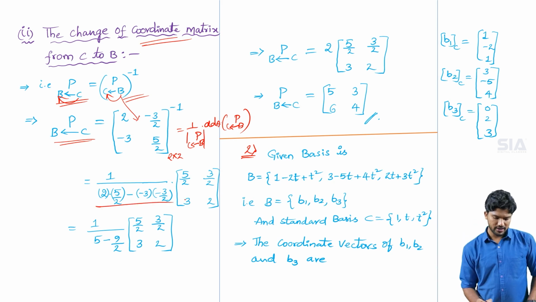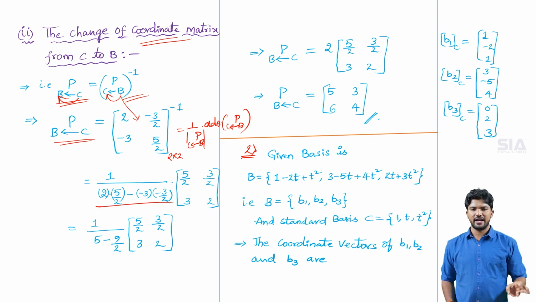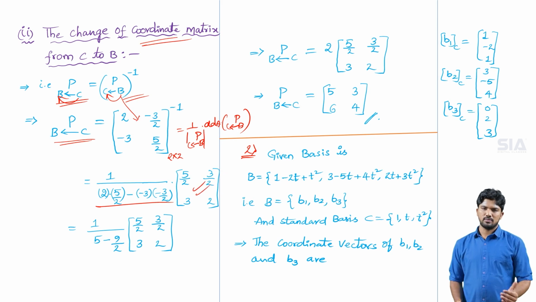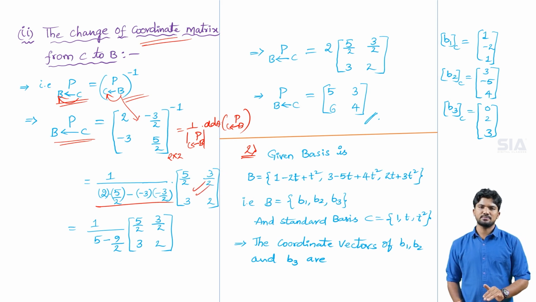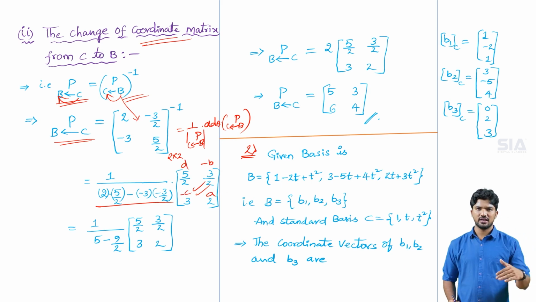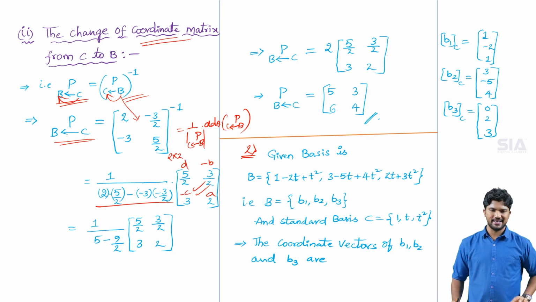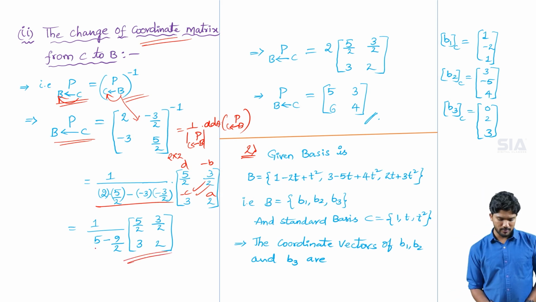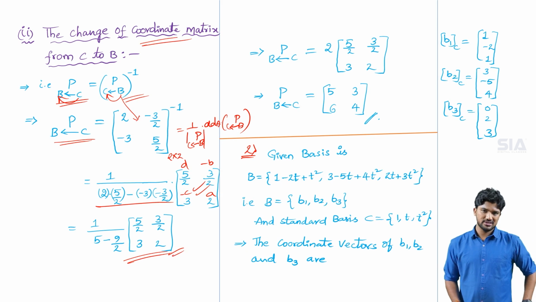So apply the determinant condition AD minus BC, and apply the adjoint matrix formula. You know very well: D, minus B, minus C, A, whenever capital A is equal to [A B; C D]. If you simplify the values, you will get 1 by (5 minus 9/2), resultantly [5/2, 3/2; 3, 2].